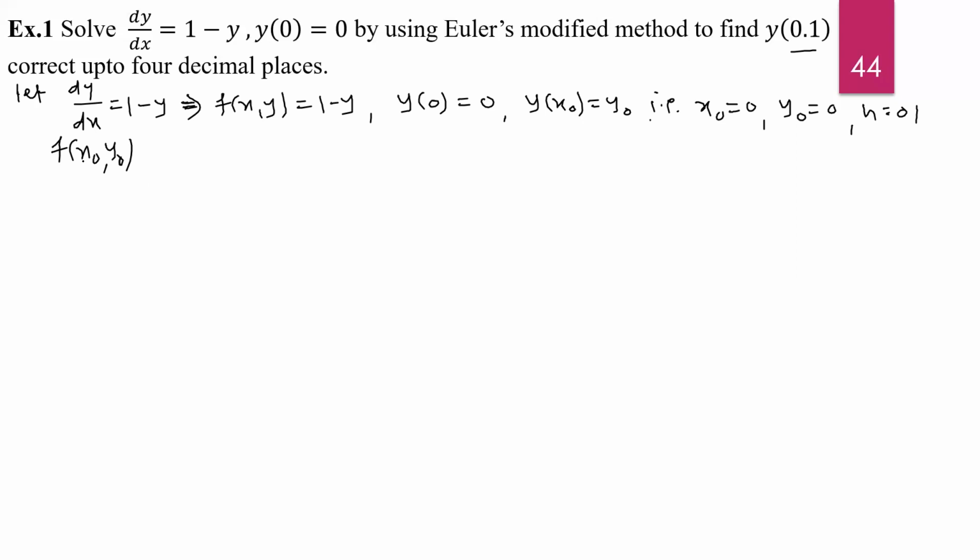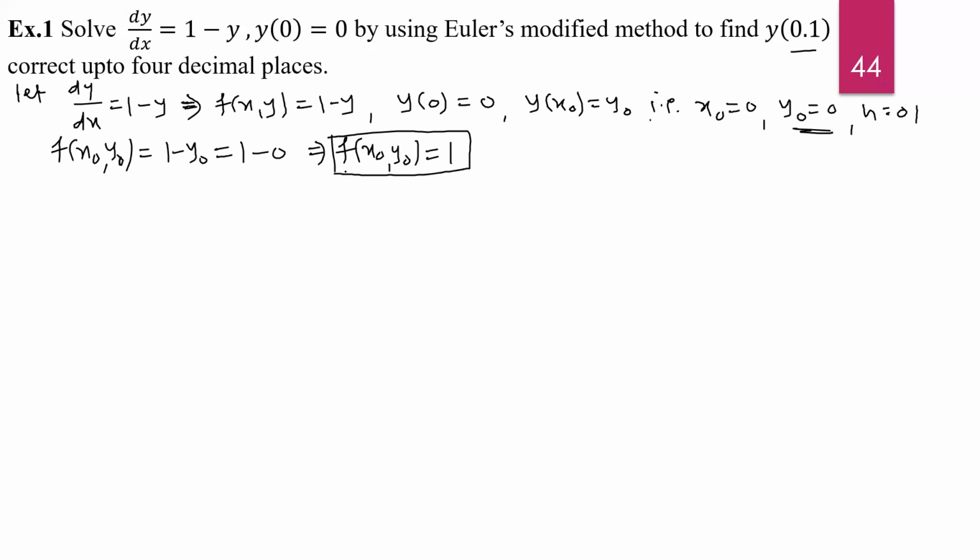at x naught, y naught. That is 1 minus y naught. The value of y naught is 0, that is 1 minus 0. So we get f at x naught comma y naught is equal to 1.